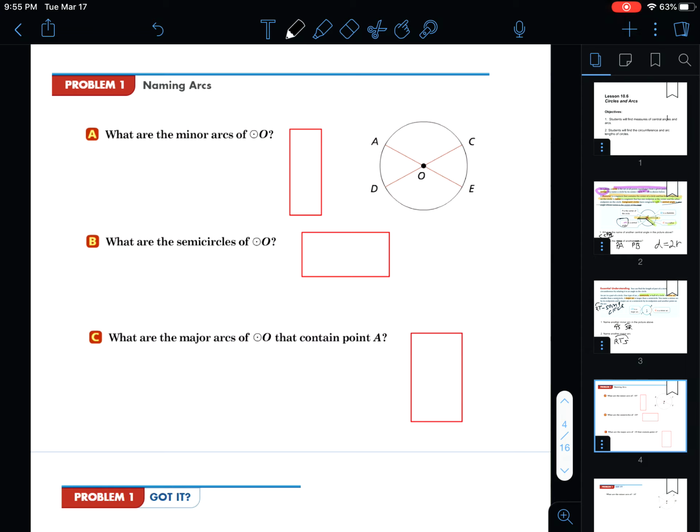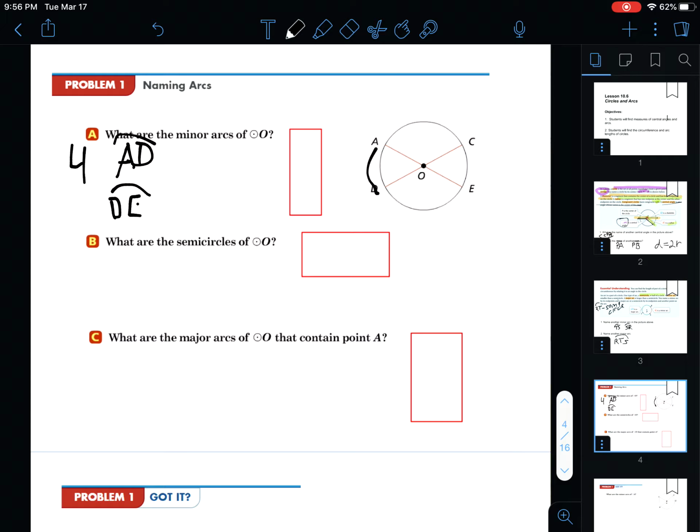Okay? So, naming arcs. What are the minor arcs in circle O? There are a ton of them. Let's go with 4. Okay? So, we could go with arc AD, which is this piece, and we could keep going all the way around. So, arc DE.